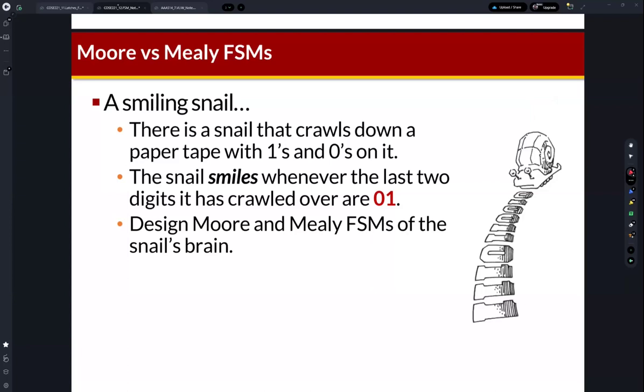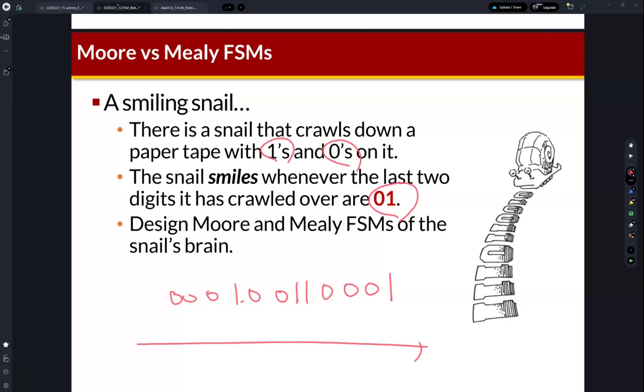There is a snail that crawls down a paper tape with ones and zeros, a sequence of 1s and 0s. If 01 is detected, then the snail smiles. For example, 0001, 0011, 0001 like this is an example input sequence of bit data. If 01 is detected, like this one and this one, then the snail smiles.